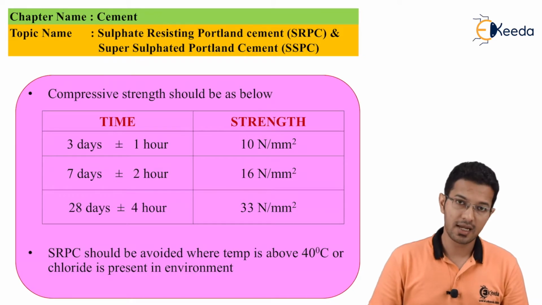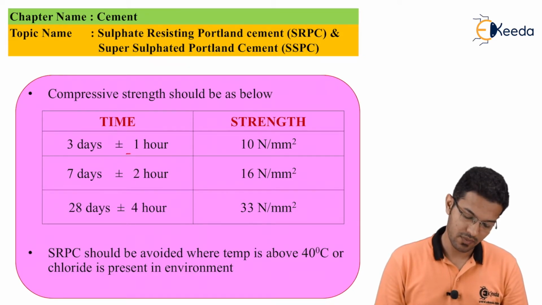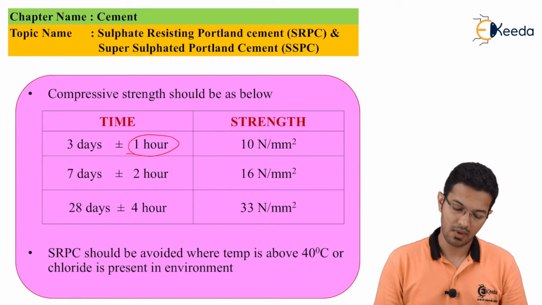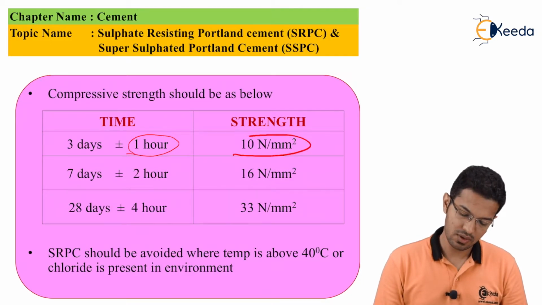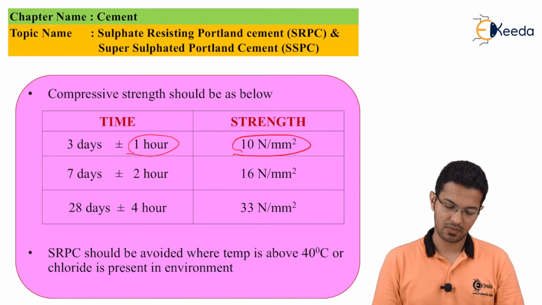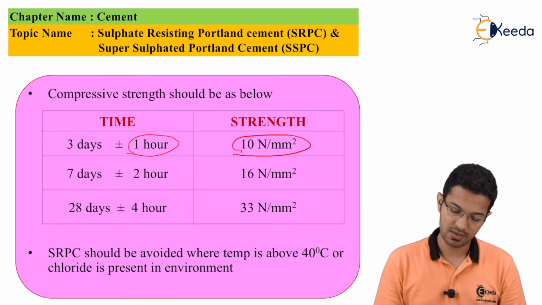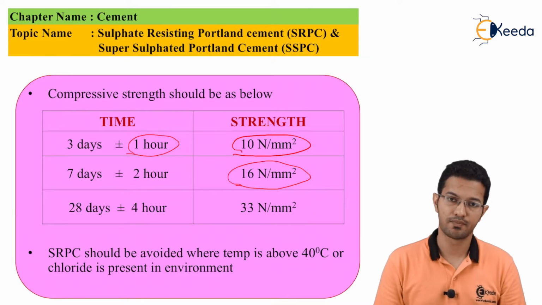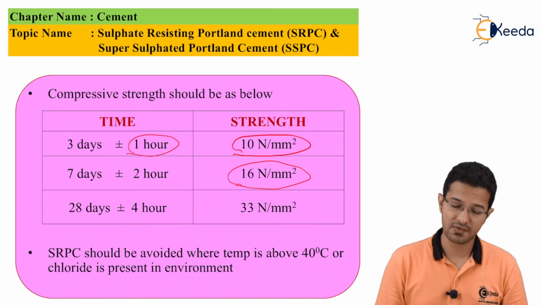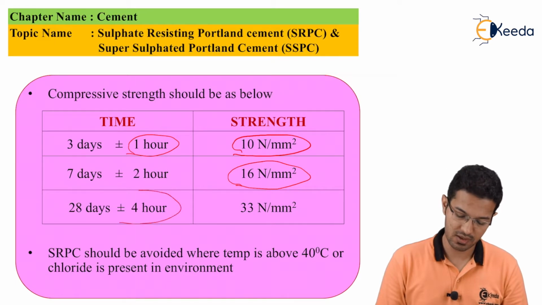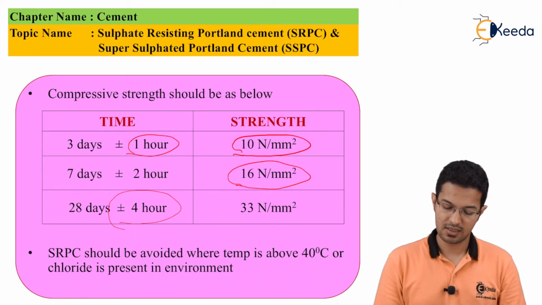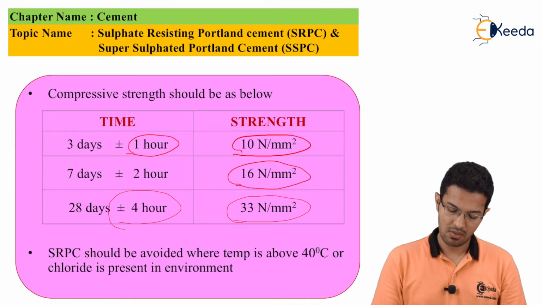For 3 days with a tolerance level of 1 hour, the strength is 10 Newton per millimeter square. For 7 days with a tolerance of plus or minus 2 hours, the strength is 16 Newton per millimeter square. For 28 days with a tolerance of plus or minus 4 hours, the strength is 33 Newton per millimeter square.